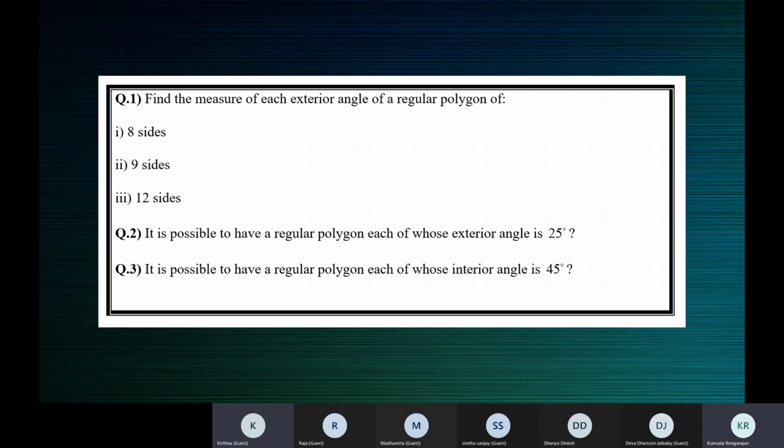Perfect. Do that and tell me the answer. 150 degrees, ma'am.